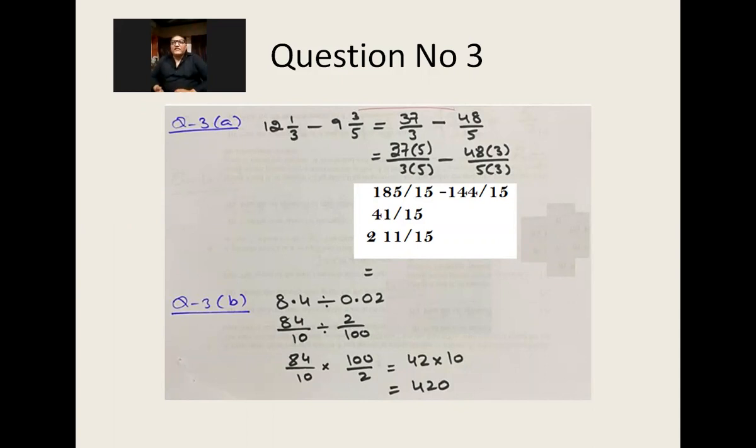So 185 divided by 15. And 3 eights are 24, 3 fours are 12, 12 plus 2, 144 divided by 15.